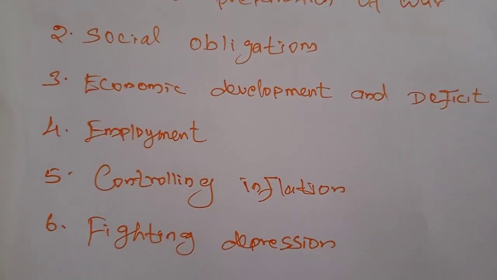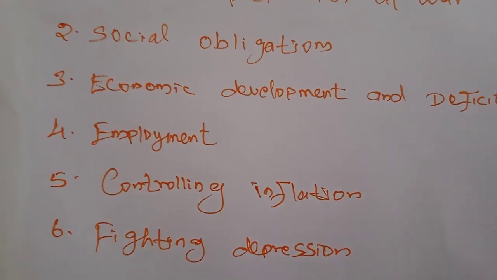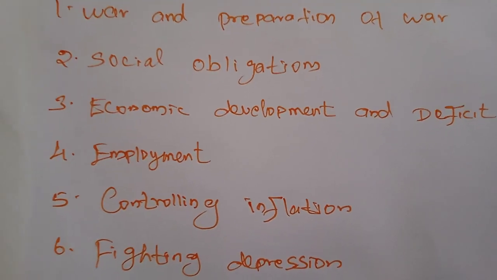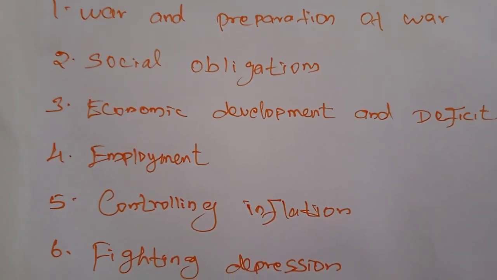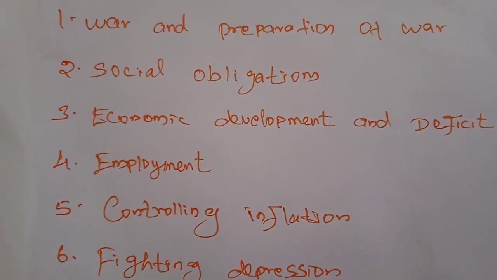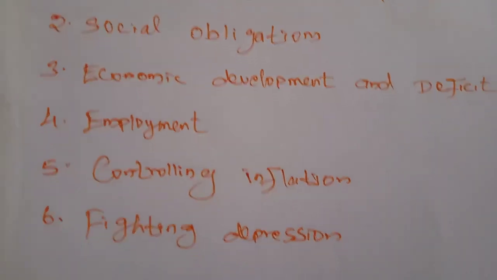Next, employment. Most governments of modern days face the problem of unemployment and it has become their duty to solve this by making huge public expenditures. To solve the unemployment problem and to fight recessions, the government has to make public debt.